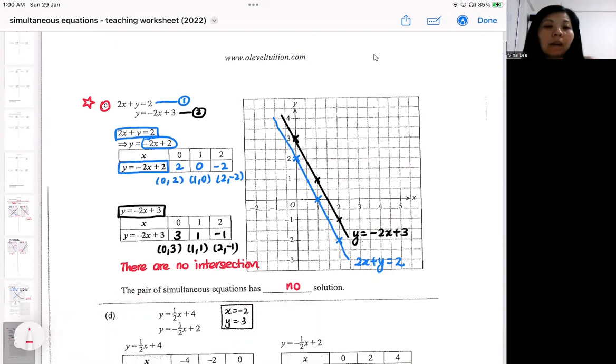So you cannot get any answers at all. One of the reasons is that the two lines are moving in the same direction. So there's a special name for this situation. These two lines are considered parallel lines. Parallel lines mean they have the same gradient.